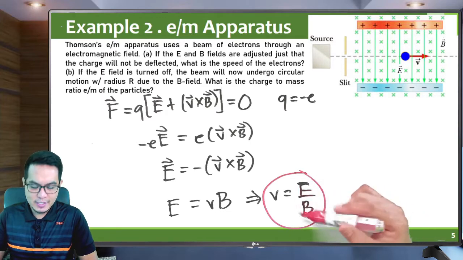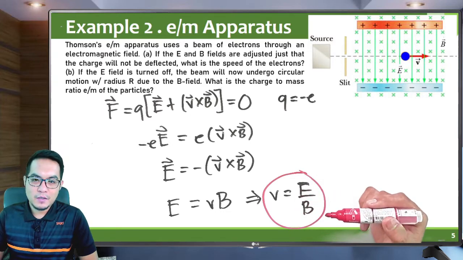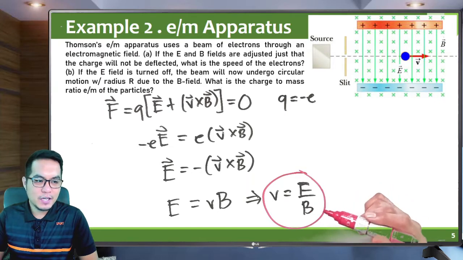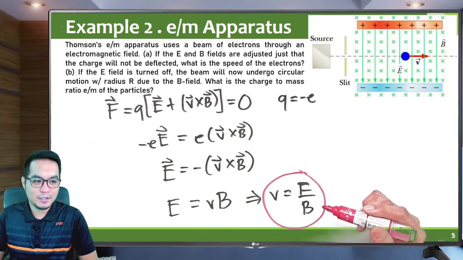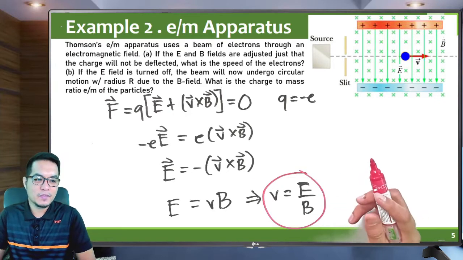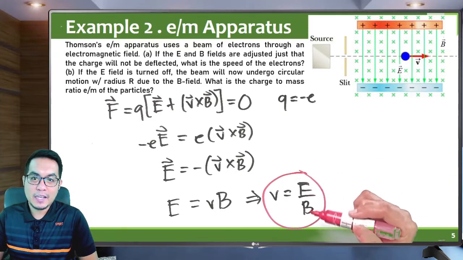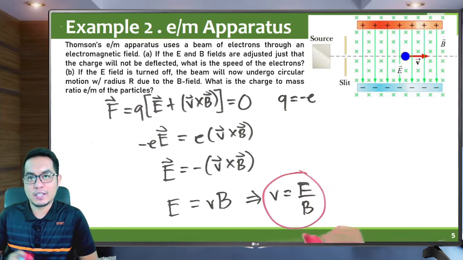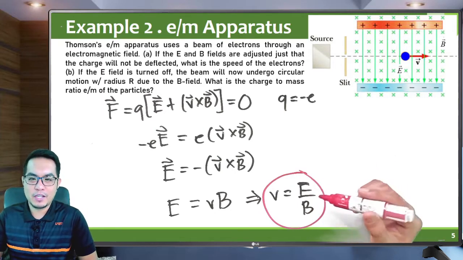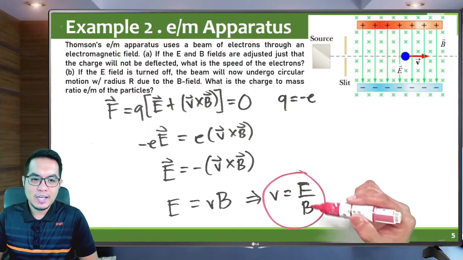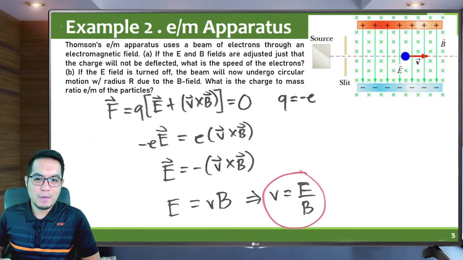So that is the speed of the electron. So usually we call this application the velocity selector. So it actually determines the speed of the electrons depending on the magnitude of the electric and magnetic fields. So you can actually adjust the speed of the electrons by just adjusting the electric and the magnetic field magnitudes.